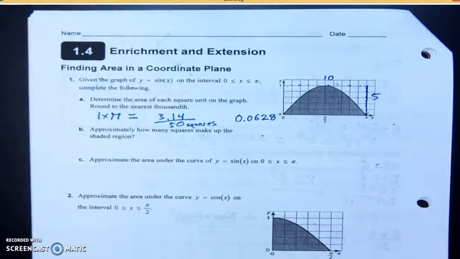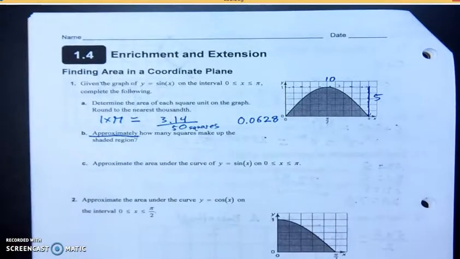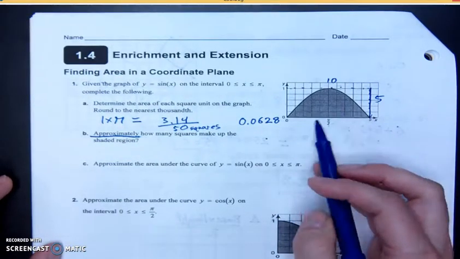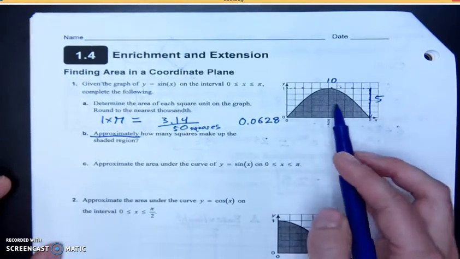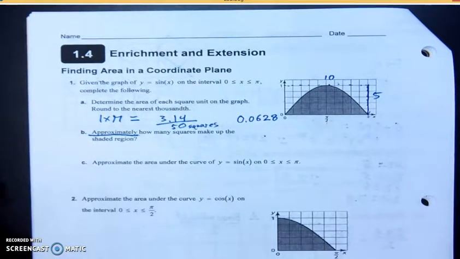Alright, now we're going to count, and it says approximately, so it doesn't have to be exact. Approximately how many squares make up the shaded region? Go ahead and take just a minute to count. We'll probably get a little variation. If you have half of one, find 2 halves to equal a whole.